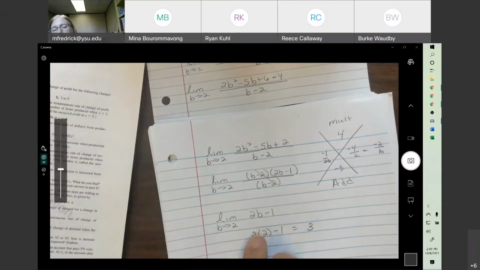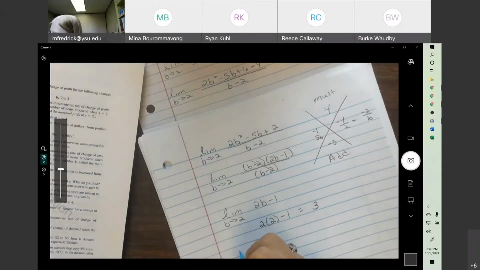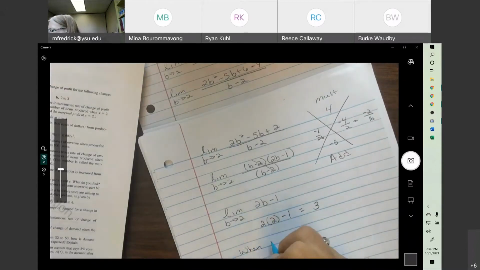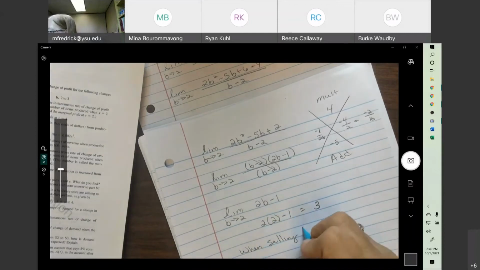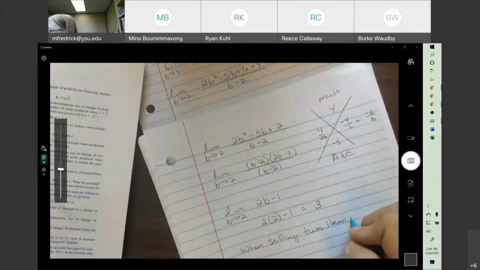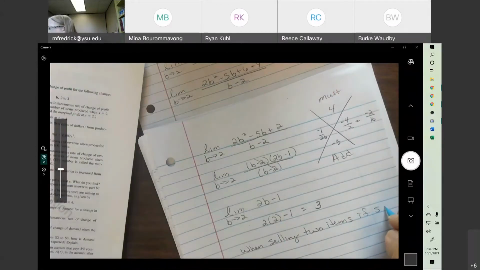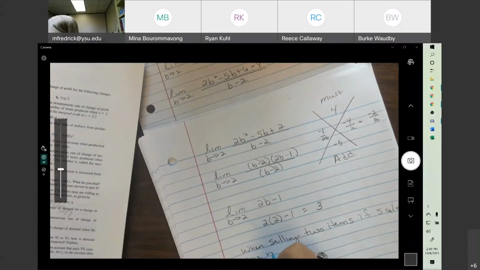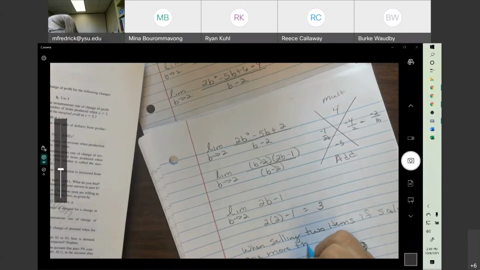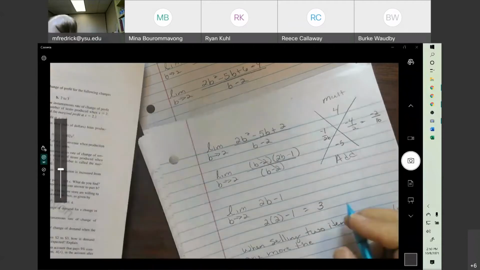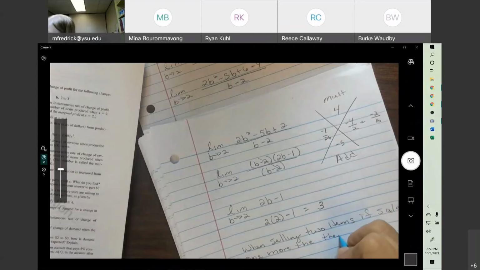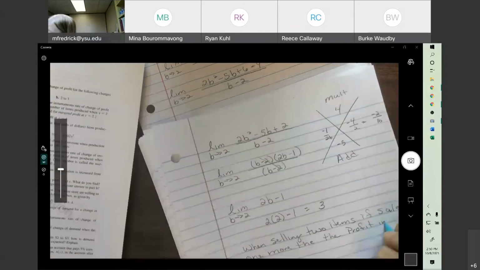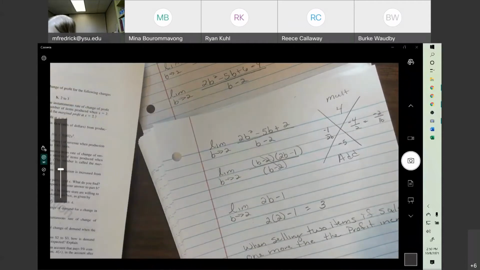Now what this means is we plugged in a 2. When selling 2 items, if you sell one more, or you could put the third item, one more, the profit increases by $300.